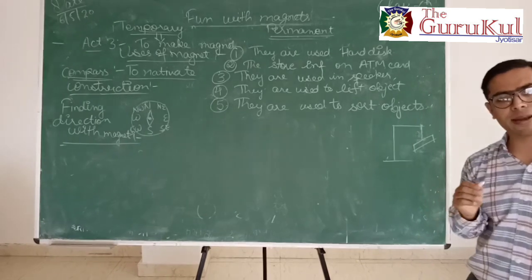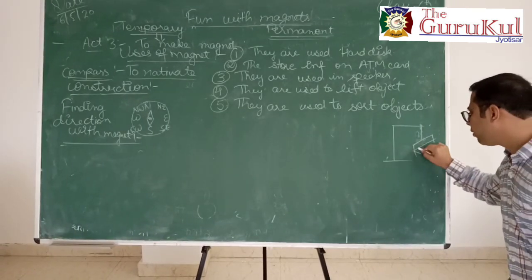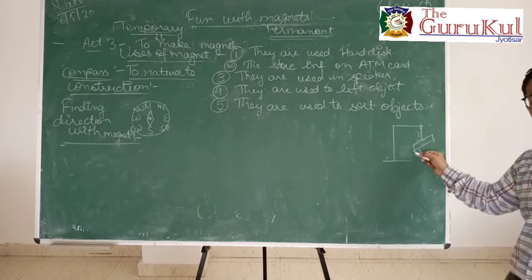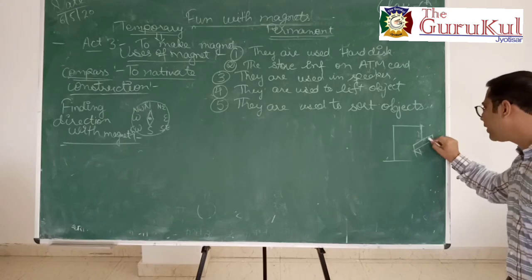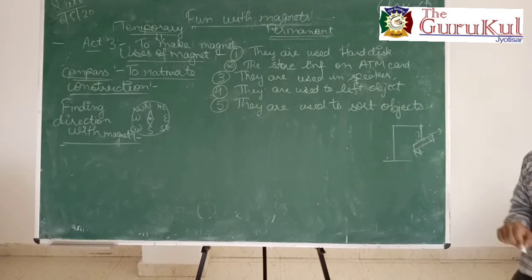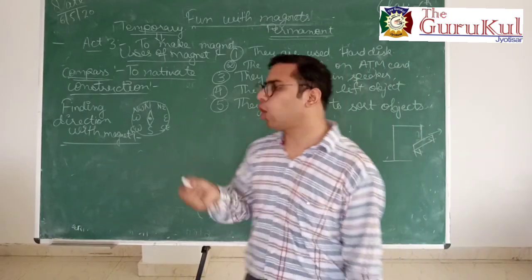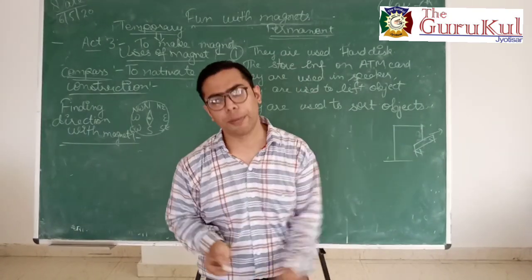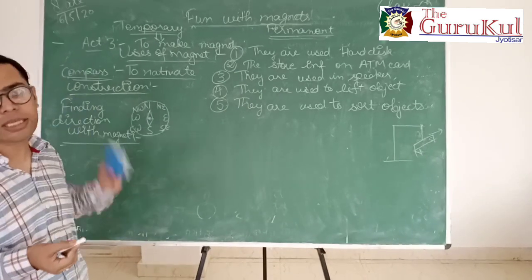This freely suspended magnet comes to rest in a certain direction. Whichever pole, if the north pole rests here, this direction will be the north. If it is the south pole, it will tell you it is the south direction. So a freely suspended magnet comes to rest in the north-south direction, and by this property of magnet we can find the direction of any place easily.